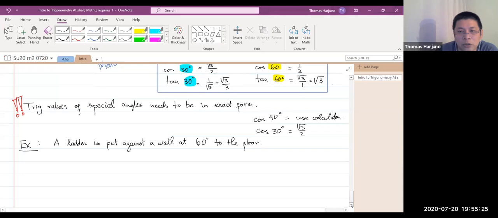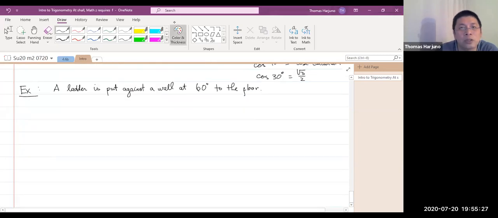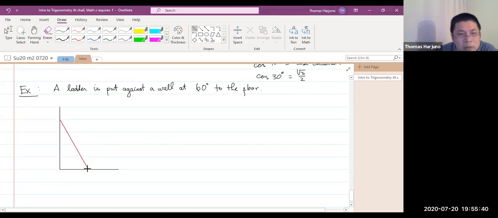So in this sense, suppose this is our wall and this is the floor. Now the ladder is put against the wall at 60 degrees, say like this. So this is 60 degrees here. And of course the wall you expect to be at a right angle to the floor, right?